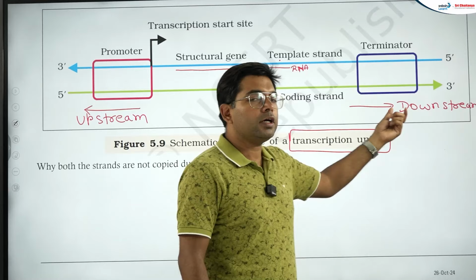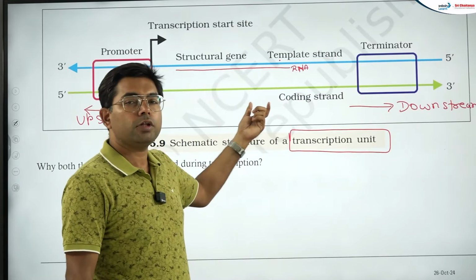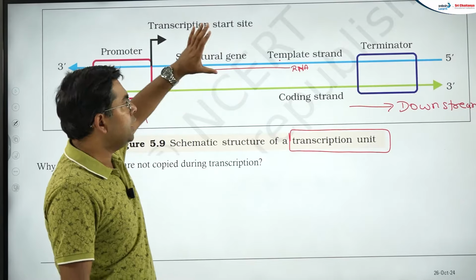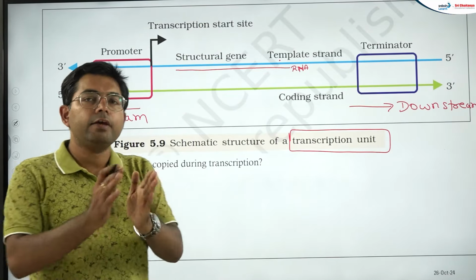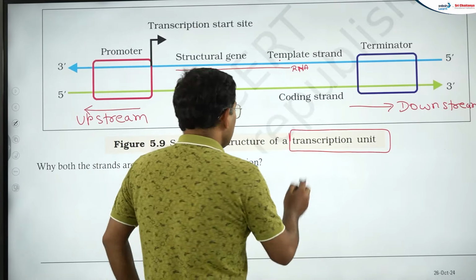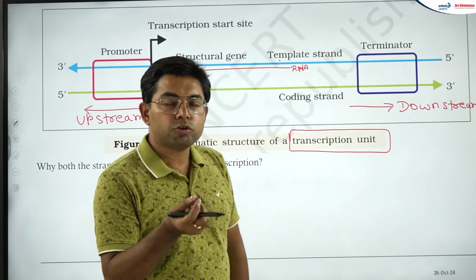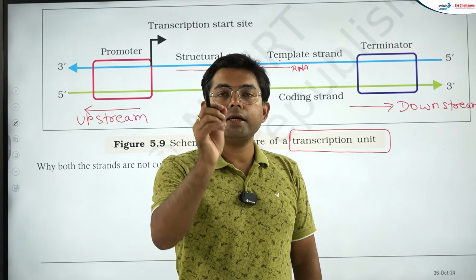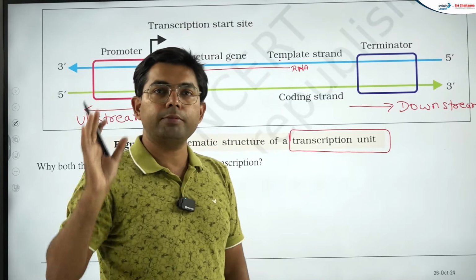Terminator is present on the downstream, means with respect to the coding strand. Is it clear? So now here double-stranded DNA will form one RNA. So in this entire process, one enzyme is used and that enzyme is called DNA dependent RNA polymerase.